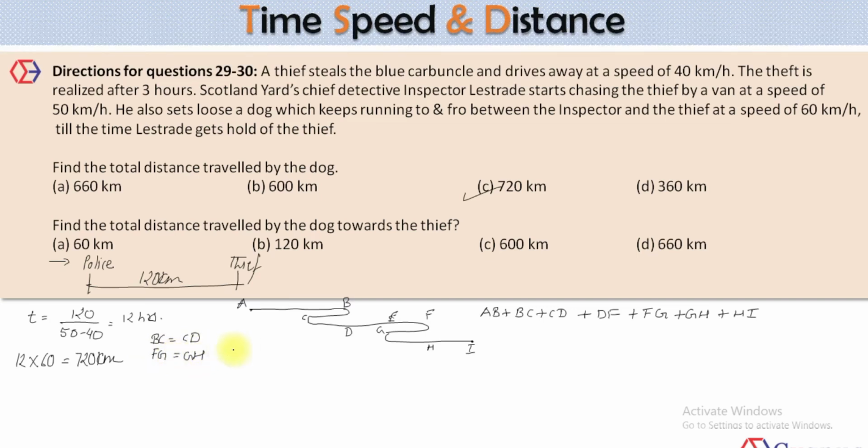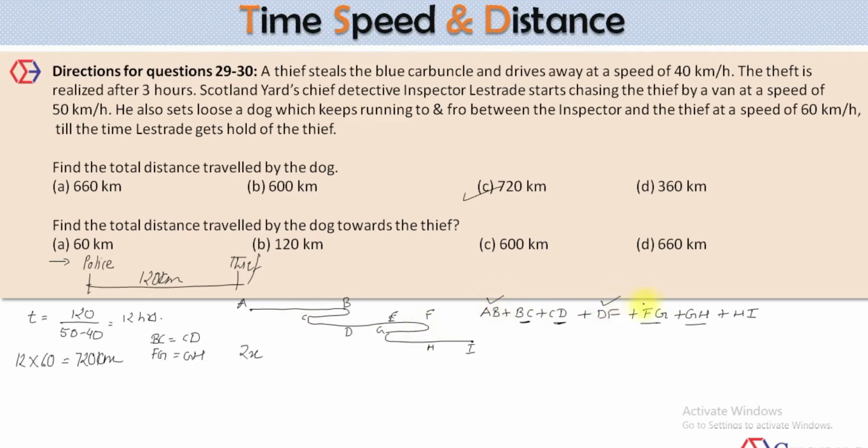Yes or no? So let's assume that BC plus CD plus FG plus GH is equal to 2x. That means BC plus FG is how much? This BC plus FG is x. And we are left with what?